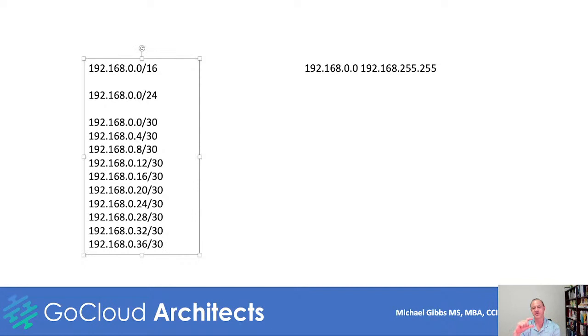So I broke it down into a /24, because it's very manageable to look at. Then I took the /24, which gives us 254 addresses, and it would be crazy to use that for a single set of IP addresses. So let's break it down further. I broke it down into a /30 because they're WAN links, and on WAN links you only need one IP address on each side of the link. That's why we used it.